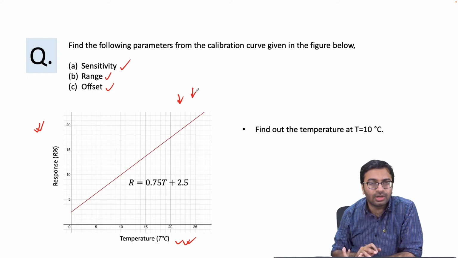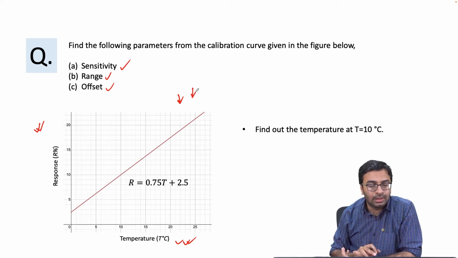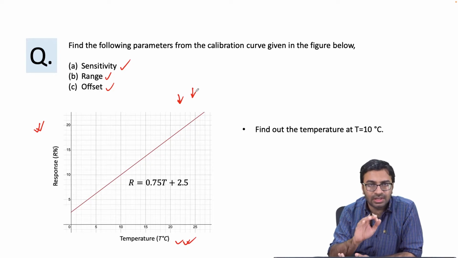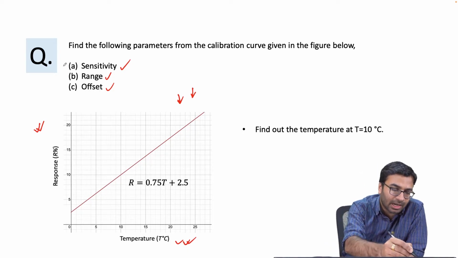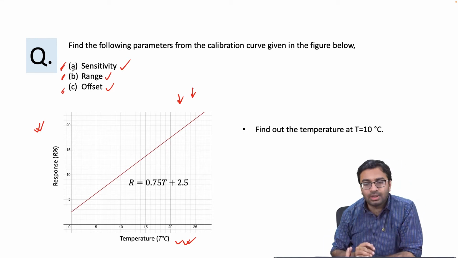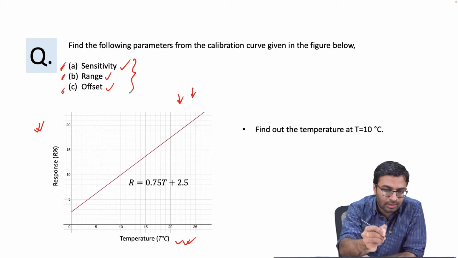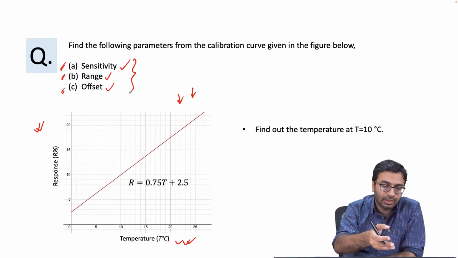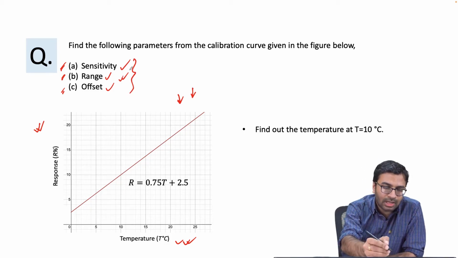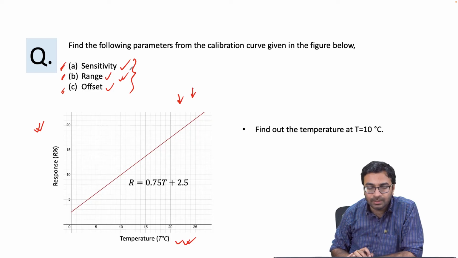This information is not given over here, but the information given is sufficient to calculate these three parameters. One may argue whether this information is sufficient or not for figuring out these parameters. So the answer is, the information is sufficient.